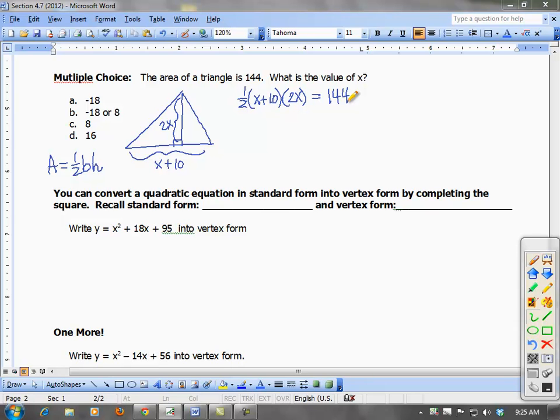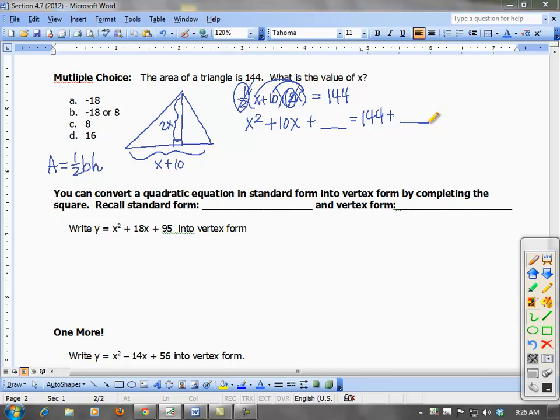So I'm going to take the 1/2 times the 2, and I'm going to cancel that because that's just 1. And then I'm going to take the x and distribute it to both. So I have x squared plus 10x, and I'm going to add my completing the square because I can kind of already see it, equals 144, and I'm going to add my two pieces in.